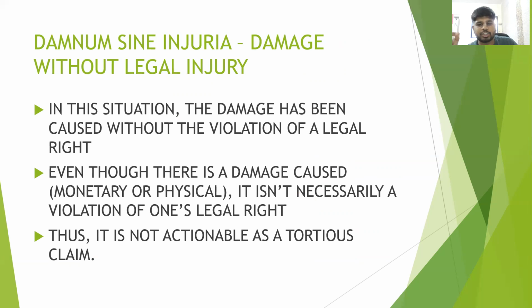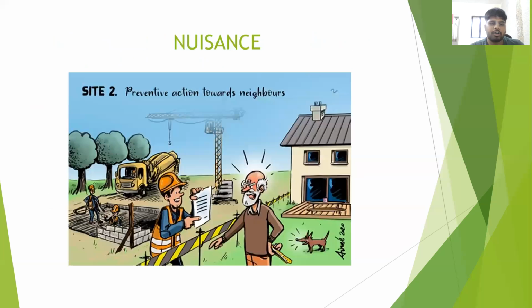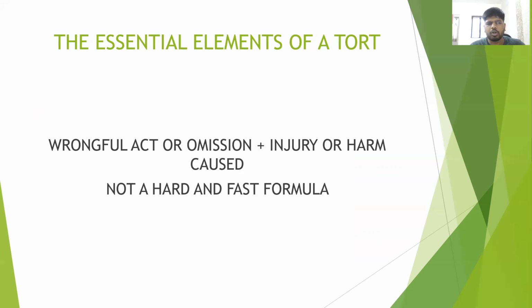Even though there is damage caused, monetary or physical, it isn't necessarily a violation of one's legal right. And therefore, it is not an actionable tortious claim. You can't claim tortious liability in cases of damnum sine injuria.